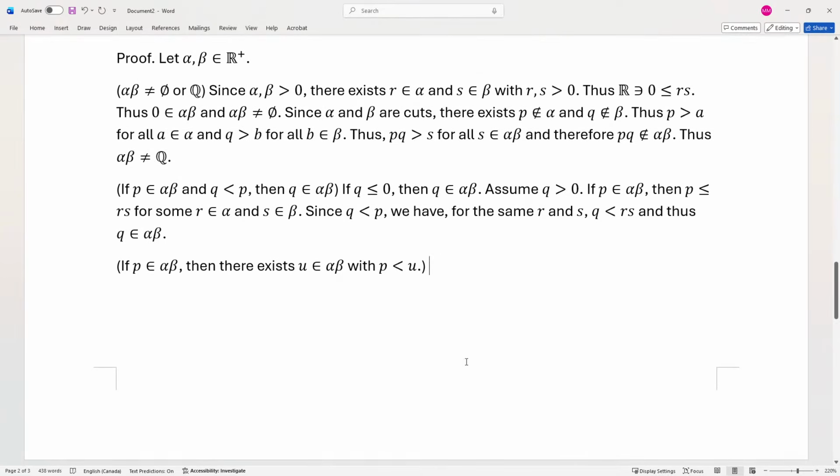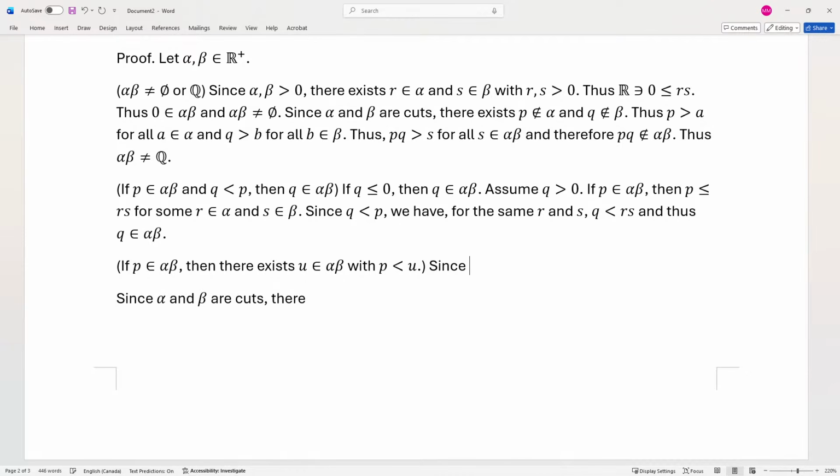Since alpha and beta are cuts, actually, let me first use the assumption that P is in alpha times beta.